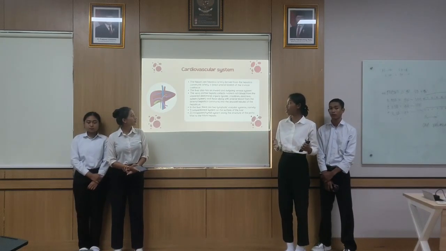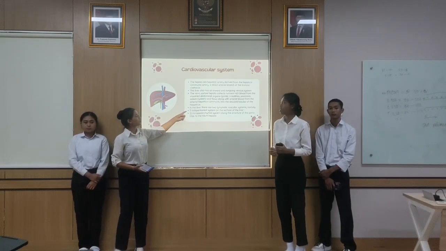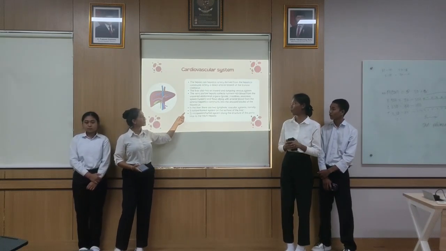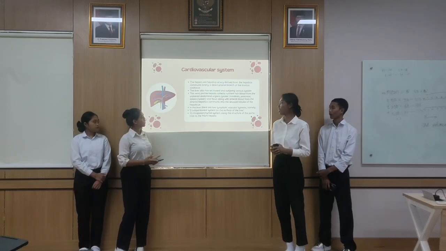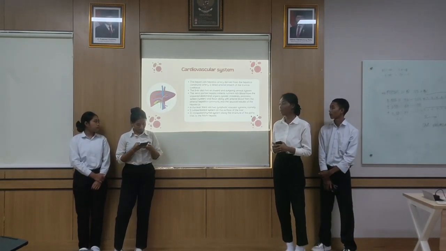In the liver, there are two lymphatic vascular systems, namely: first, the subperitoneal system on the surface of the liver; second, the intraparenchymal system along the structure of the porta to the hilum hepatis.